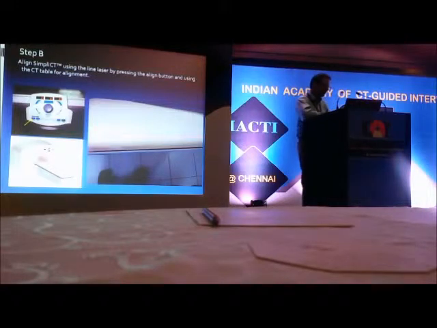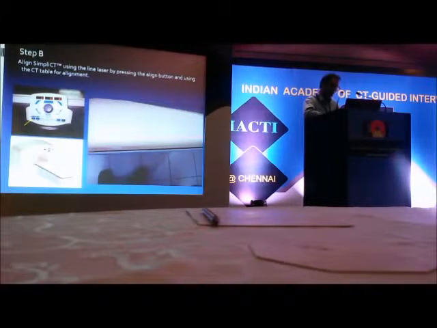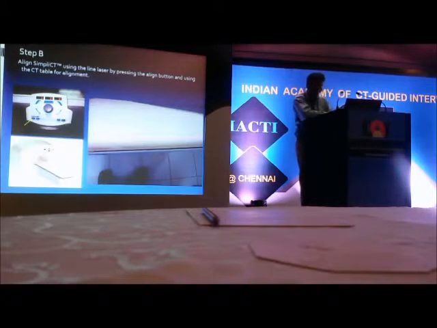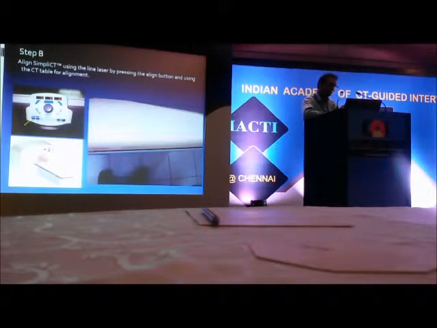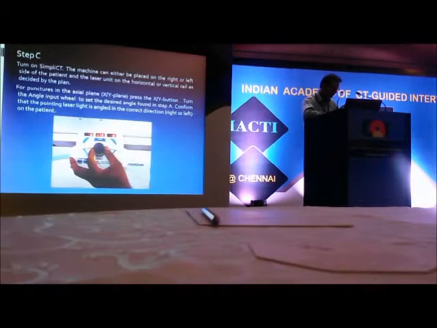Now before you feed this into the Simplicity, you have to align the Simplicity to the table, because the Simplicity is not a fixed unit to the CT gantry. It is movable, so you can actually move it in and out. So once a check scan is taken, you bring the Simplicity into the CT room, you lock it near the CT gantry, switch on the laser. This is the aligning laser, and on the right hand you see the image, the red line, which is basically parallel to the CT gantry, and you align the device so it is exactly parallel to the CT gantry.